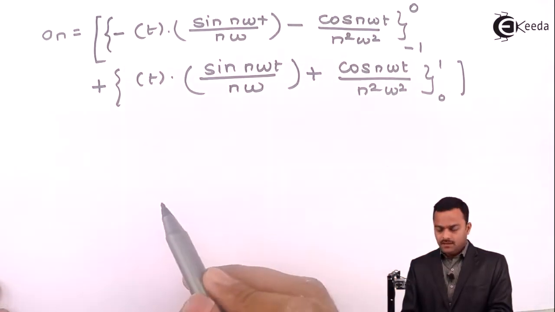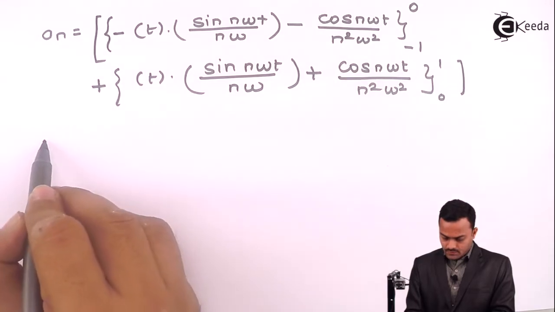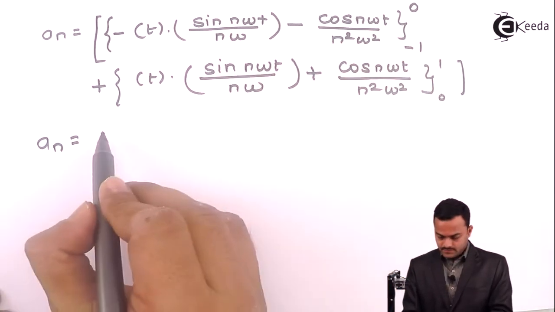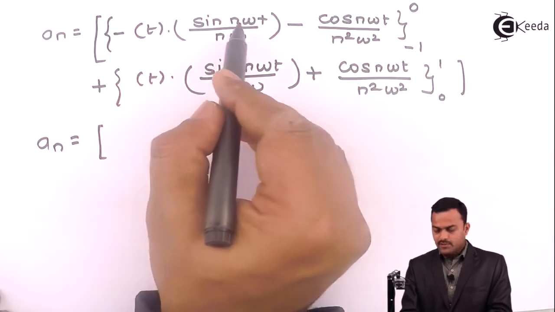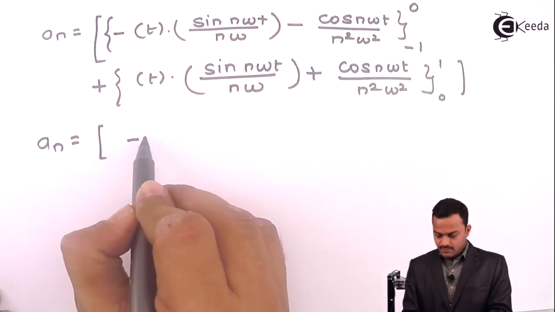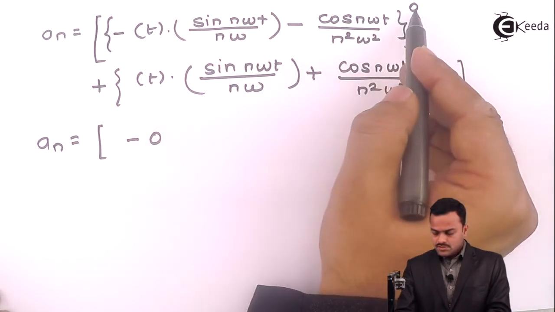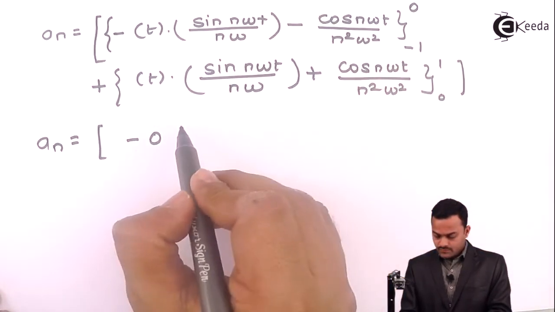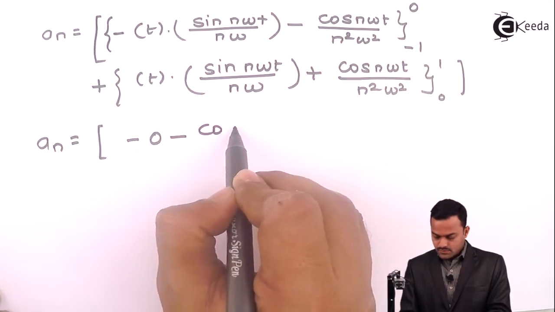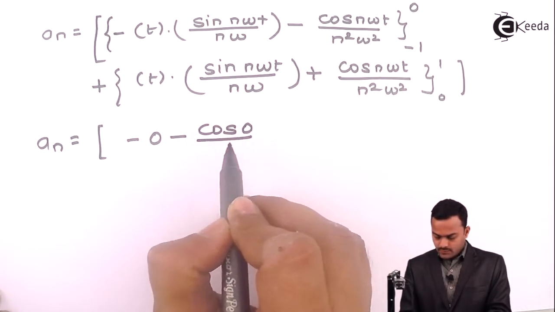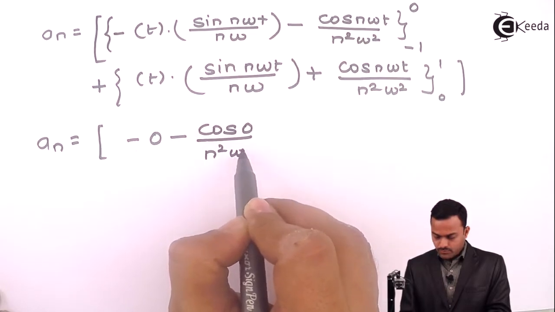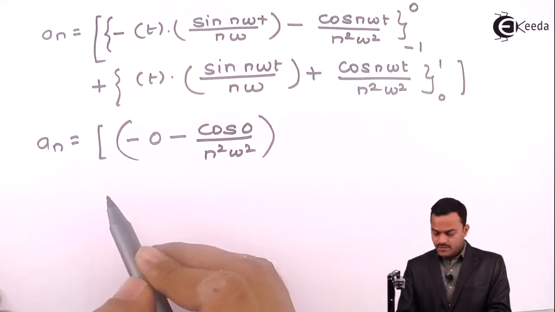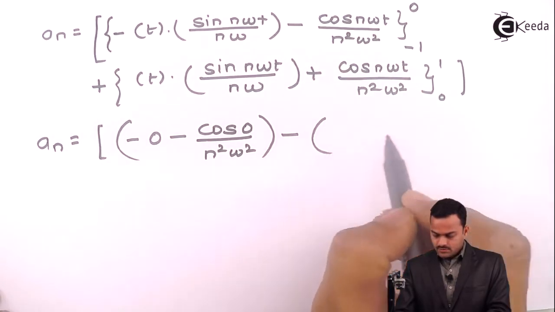Let's apply the limits now. So an you will get, if I apply 0 over here, 0 getting multiplied with this sine, in the end result will be 0. 0 over here, if I put t is 0, it is cos 0. So minus cos 0 upon n square omega square as the first limit minus lower limit.